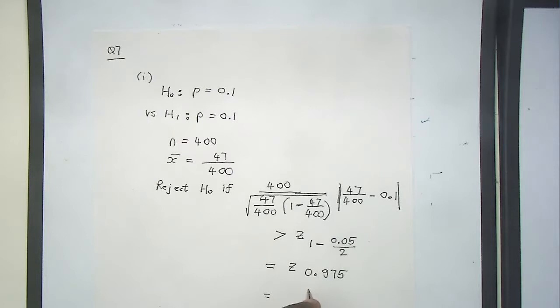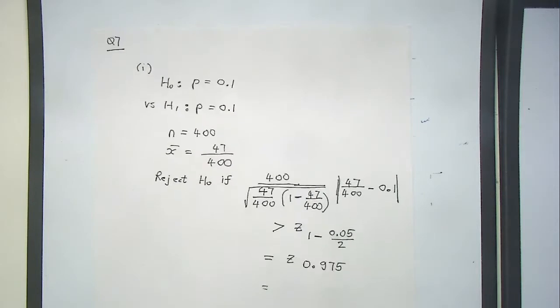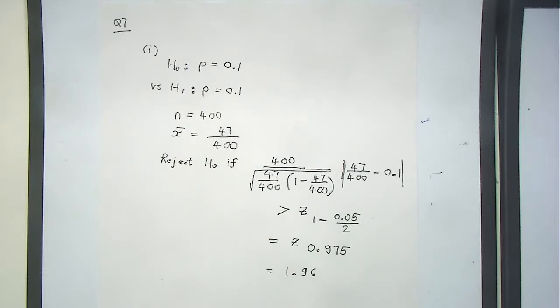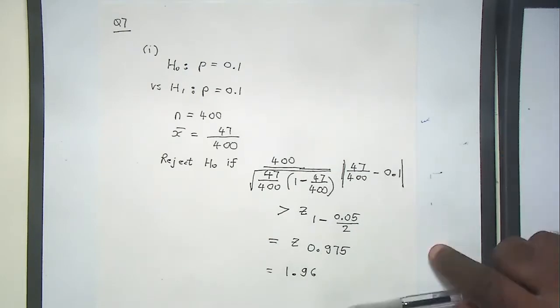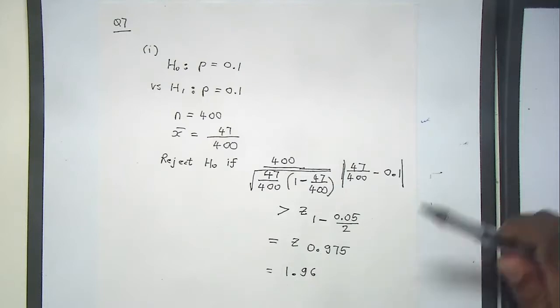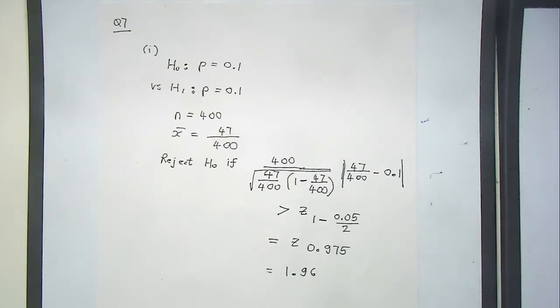Can somebody read this for me? What is 0.975? 1.96. Okay. Alright, so that's it. So you work this out and compare it with 1.96. If this is greater than this, then you reject, otherwise you don't. That's it.